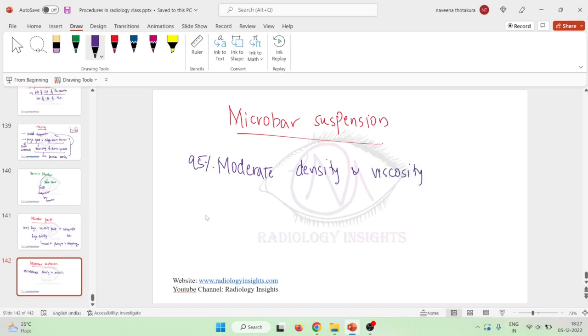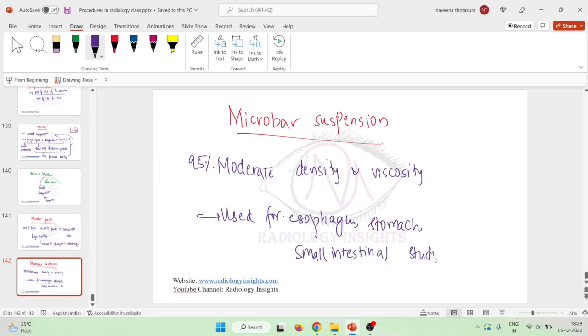Because of this, it is used for studying the esophagus, the stomach, and also the small intestine. It is marketed outside and is available in the market in 1 liter bottles.